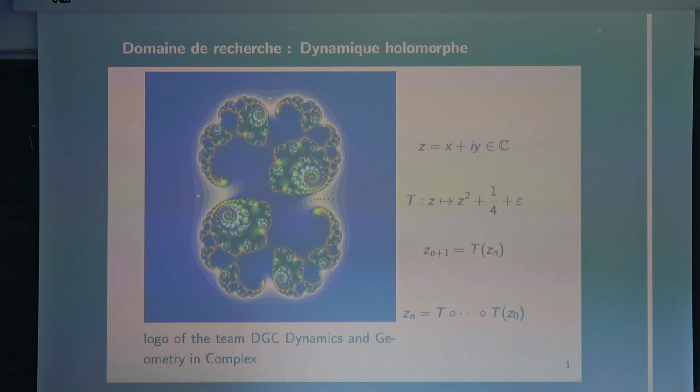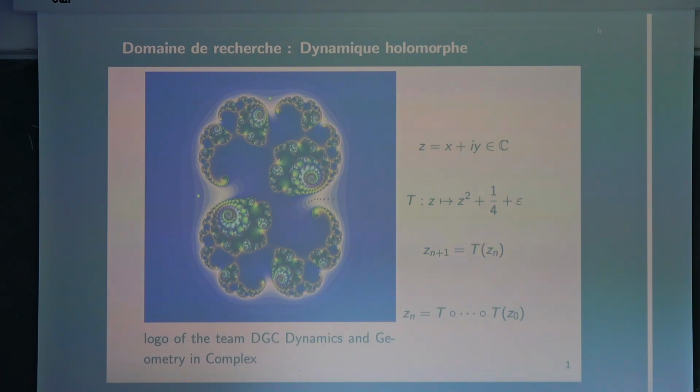And you see on this picture that a lot of points are going to infinity. When z is very large, z squared is even larger, and if you add a small number like 1/4 plus epsilon, it doesn't change a lot. So it goes very fast to infinity.